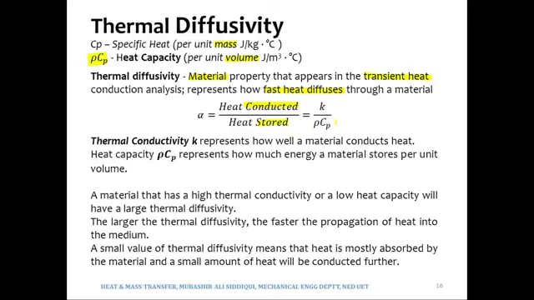Let me give you a very simple example. Let's say you are in a room. The temperature of the room is, suppose, 35 degrees Celsius, and when you turn the air conditioner on and set it at, let's say, 20 degrees Celsius, the temperature of the air will not become 20 degrees Celsius at once.